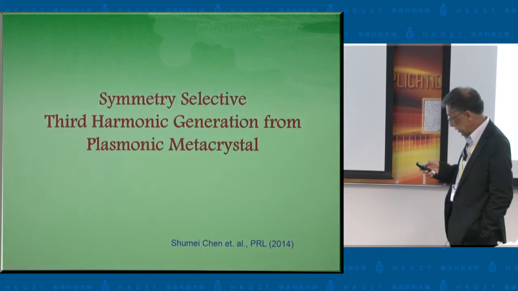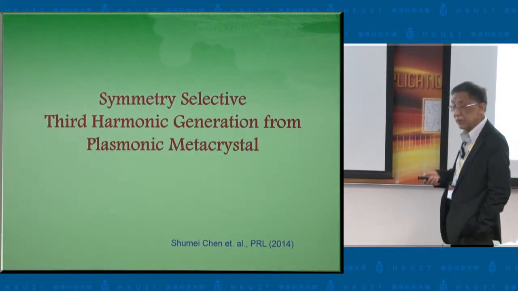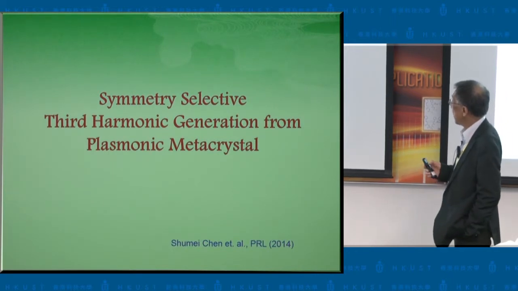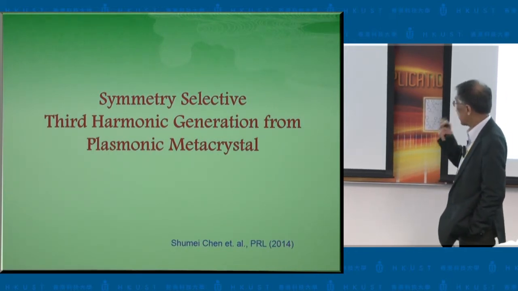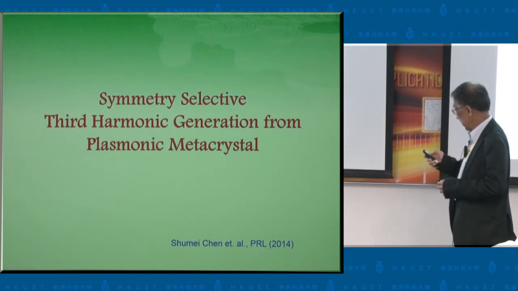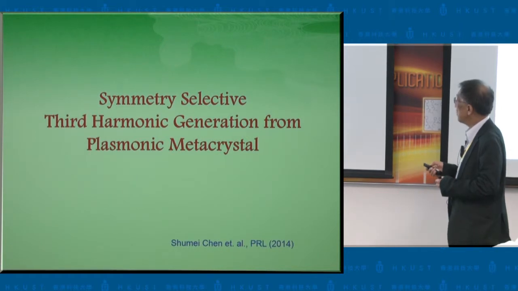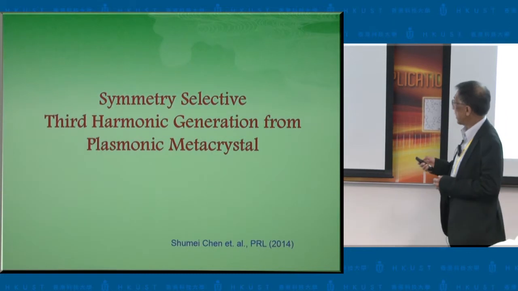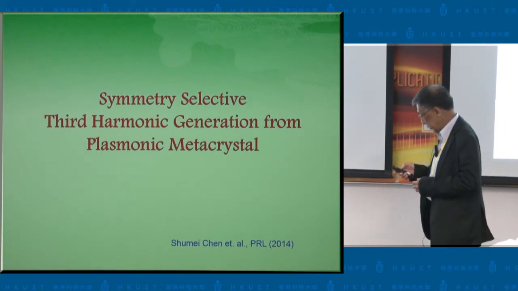Next, with all these Berry phase surface structures, metal surface structures, and also the harmonic generations that we create, we look to see whether, with the surface structure being periodic, we call it a sort of plasmonic meta-crystal, that structure will carry a similar kind of symmetry selection rule for harmonic generation.